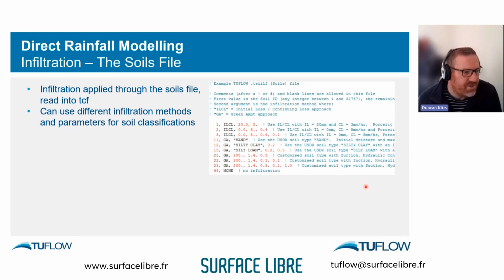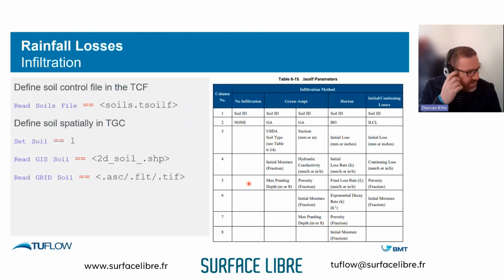In terms of the infiltration, we spatially distribute it using a 2D soil file or 2D soils grid. Then we specify the various parameters within the TSOLF file. So we basically specify whether we're using the initial loss continuing loss model, and in that case we specify various parameters, Green-Ampt model, Horton, or we can specify that to none. We read in the soils file within the TCF, and then we spatially distribute the soils in the TGC. Just like we would anything else, materials layer for instance, we can set a global value.